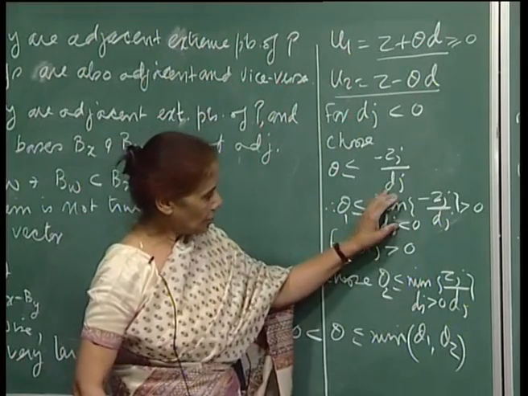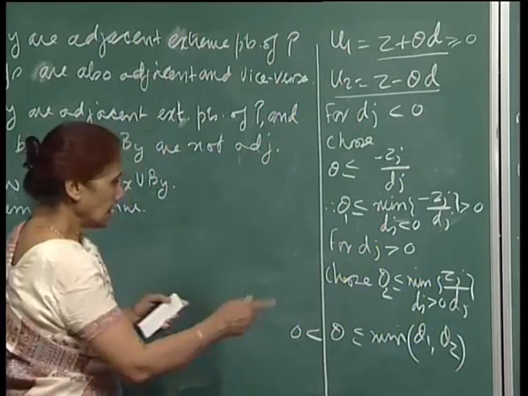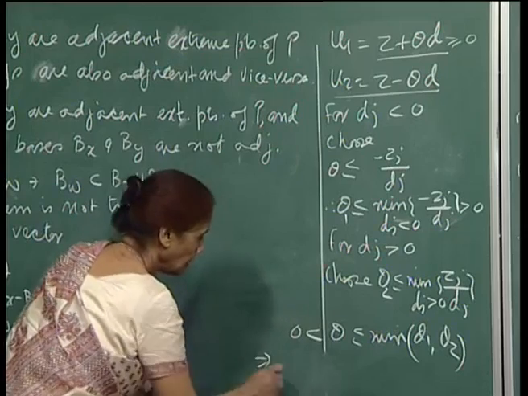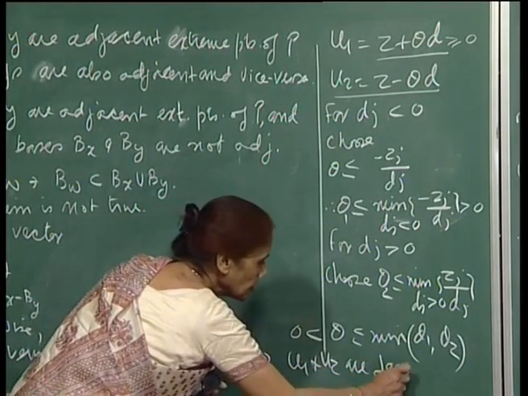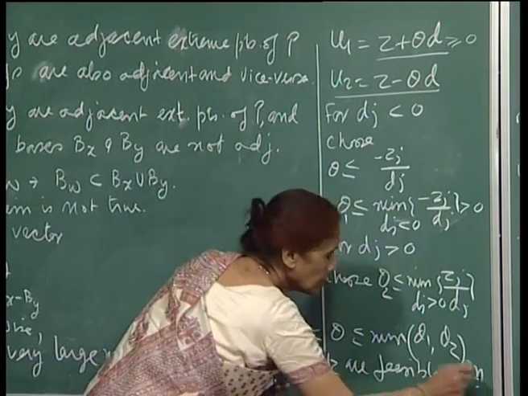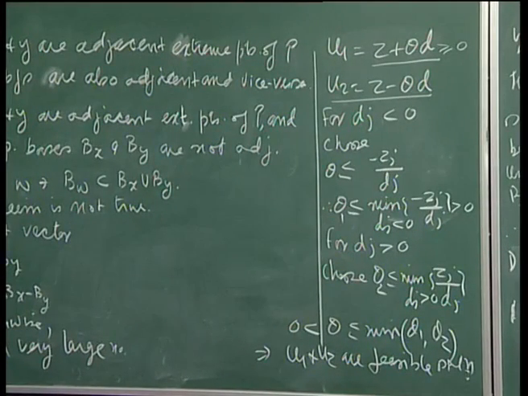Then this will imply that U1 and U2 are feasible solutions.